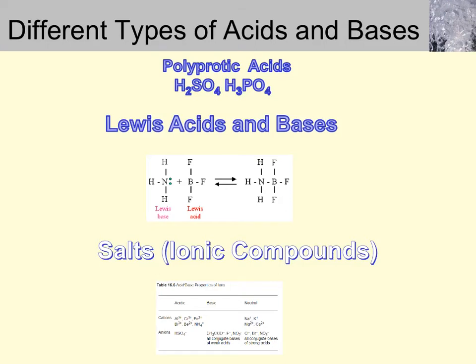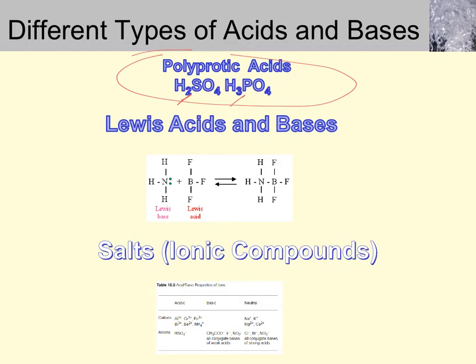This is the last lecture from chapter 16 about acids and bases, and I think of it kind of as a catch-all. So it's all the topics that maybe don't have enough content to take up their own lecture, but it's something you should be aware of. And that's polyprotic acids, and that's just basically you understanding that they exist, and they are compounds with more than one acidic hydrogen.